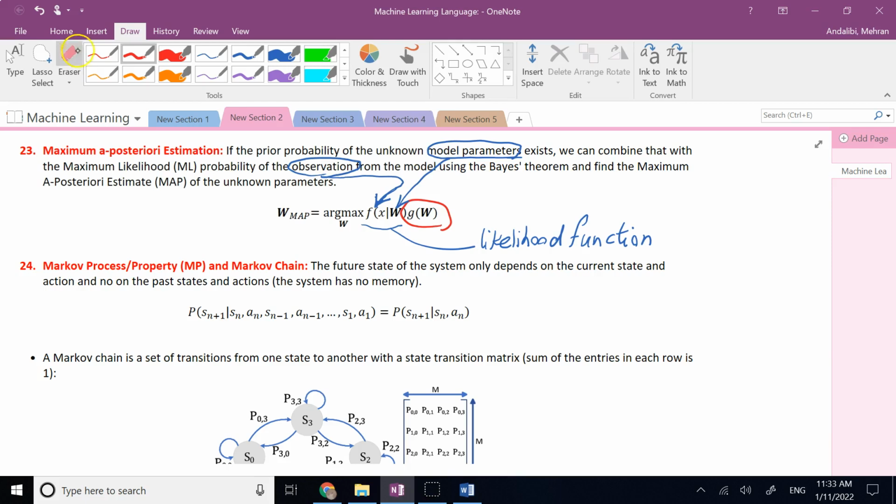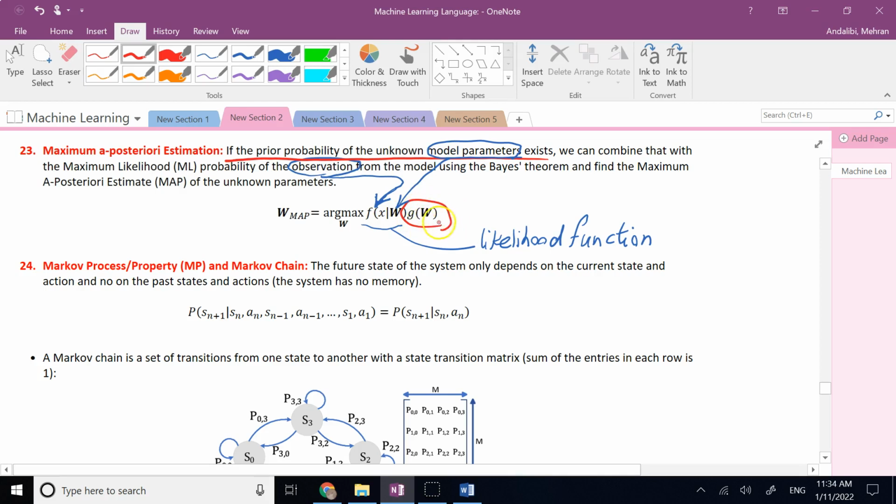So what is it that you need to have extra here? If you have a probability distribution for the model parameter, not only do you have to have a model for the observation given the model parameters, you also have to have an extra distribution, which is the distribution for that model parameter.